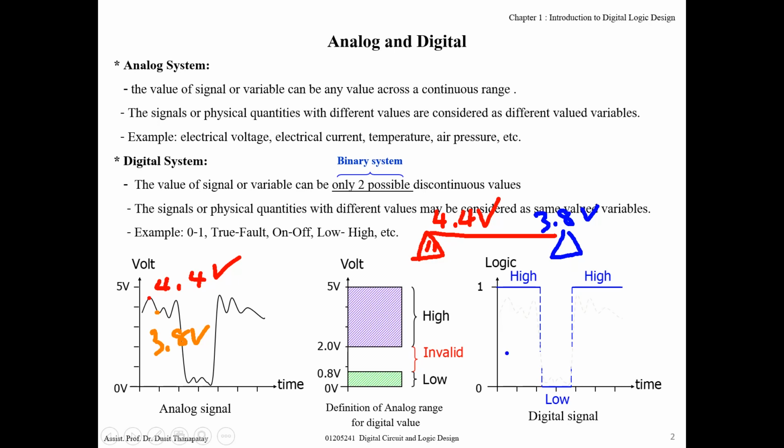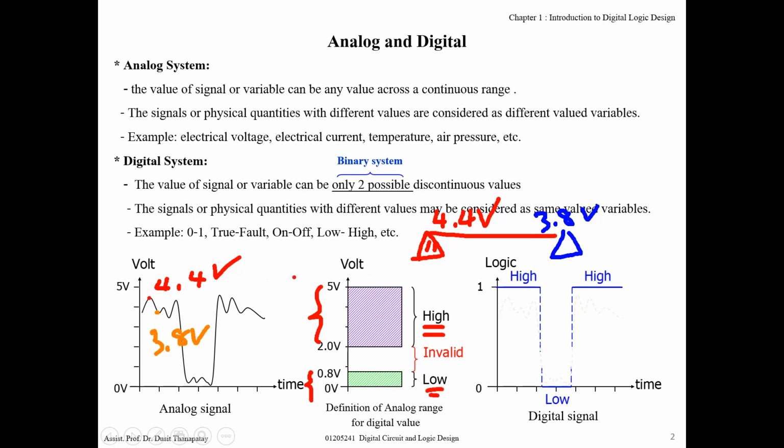Anyway, in the digital world, we define the range of the signal. If the voltage is between 2 and 5 volts, we treat it as logic high, and between 0 and 0.8 is logic low.